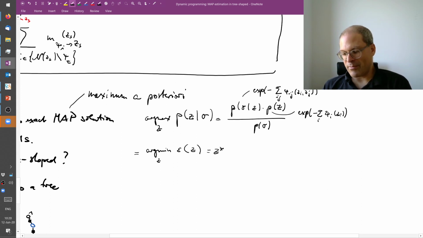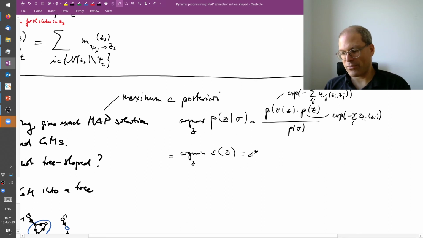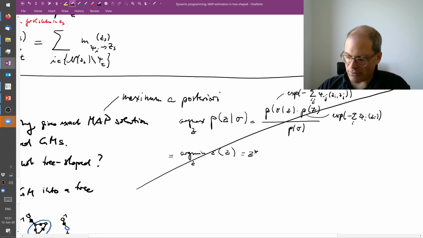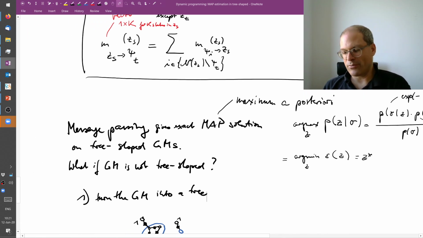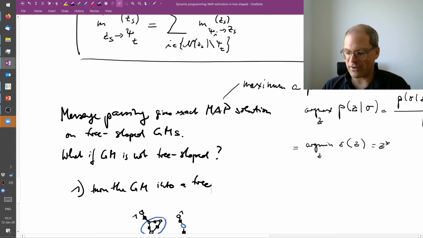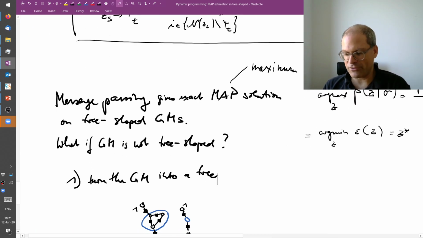This is called the maximum a posteriori solution, or in short, MAP solution. Now, you don't need to know these equations here. I'm just trying to tell you where this name comes from, or what's meant here when I say that message passing gives the exact MAP solution on tree-shaped graphical models.